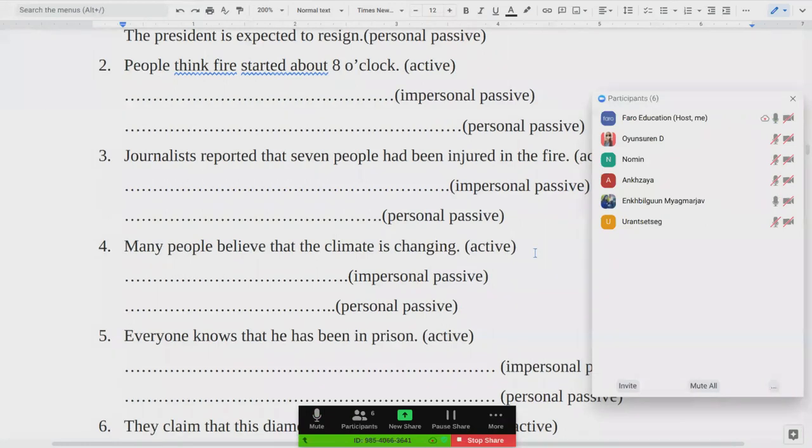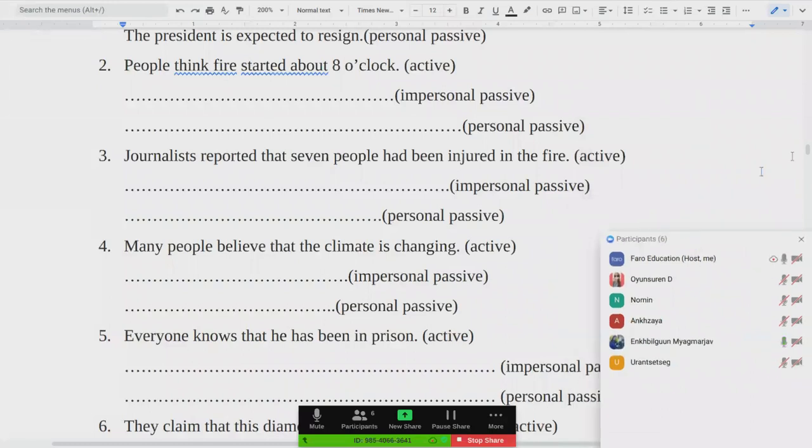Number 3. It is reported that 7 people had been injured in the fire. Good job. Personal passive.